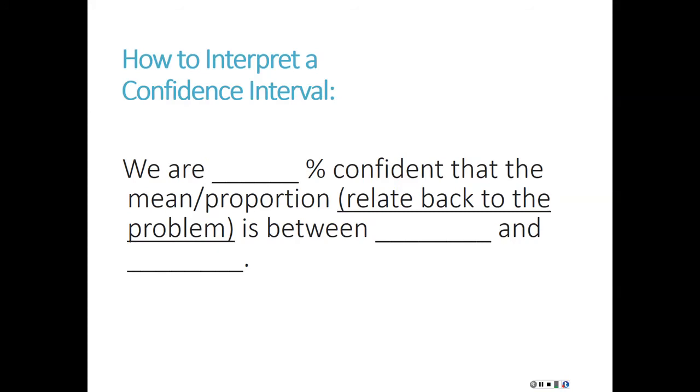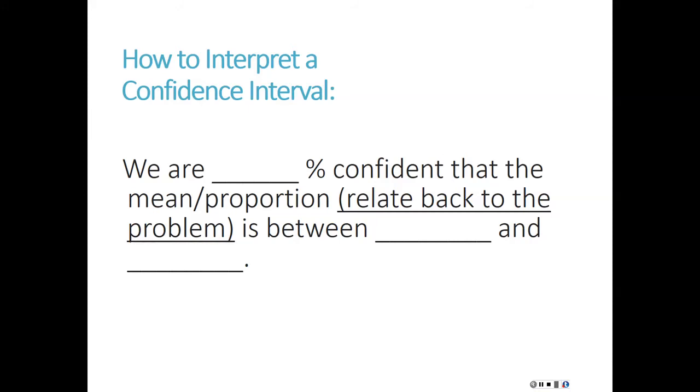And when we interpret a confidence interval, we're going to say that we are some percent, like 90% or 100%. Well, no, we'd never be 100% sure because we never have a population. 90%, 99.9% maybe. 95%, 98%.